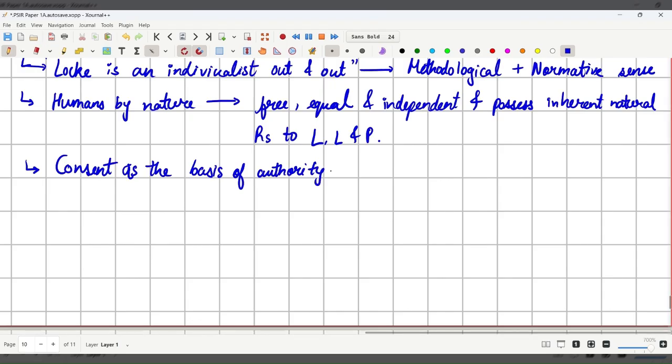So according to him, government has no original power, and the power is basically given by the people.